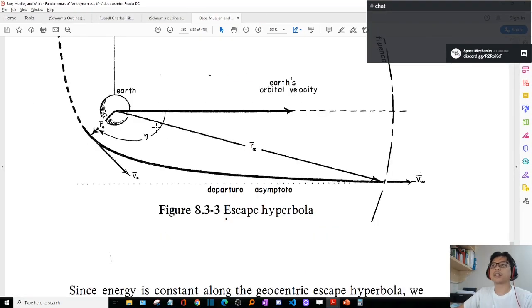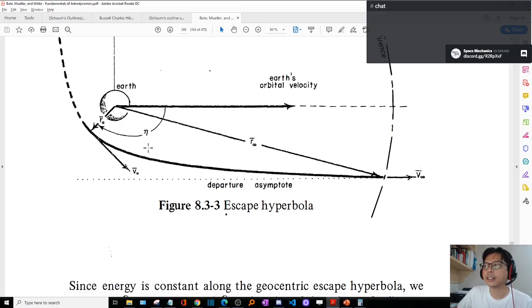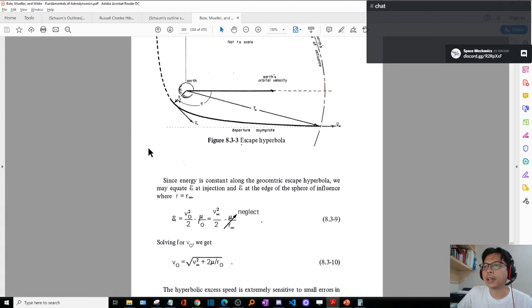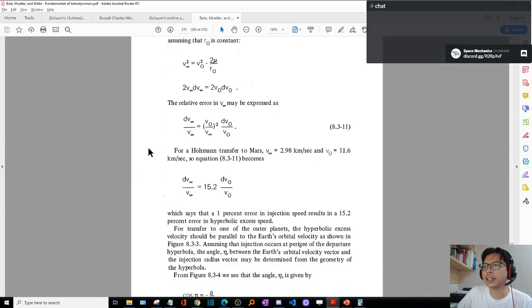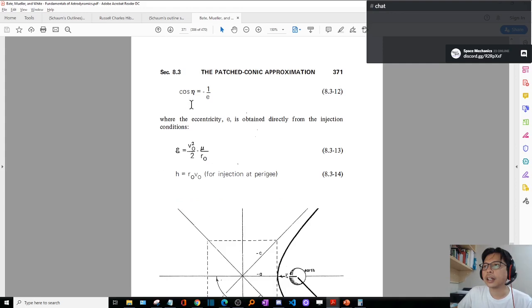So in the Fundamentals of Astrodynamics book, it uses this angle. So eta here, if you can see that. And the formula for eta given is cosine eta equals -1/e, which is the same.